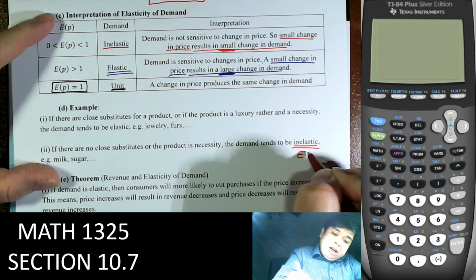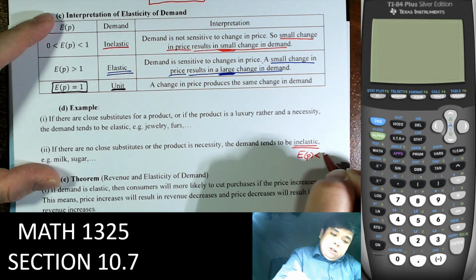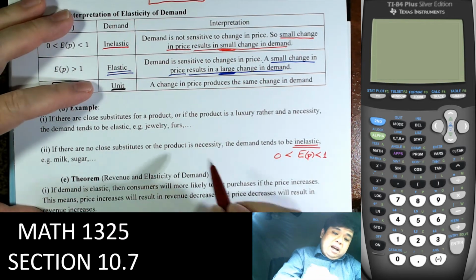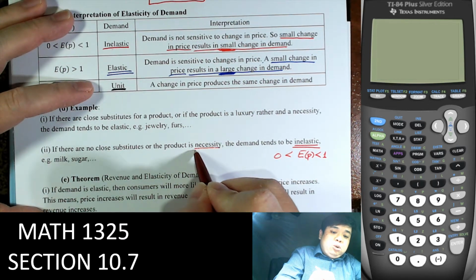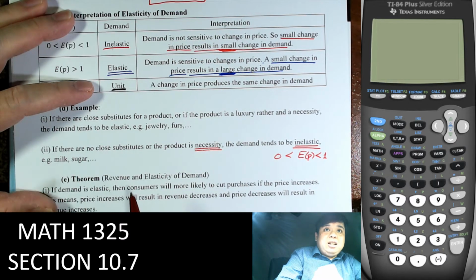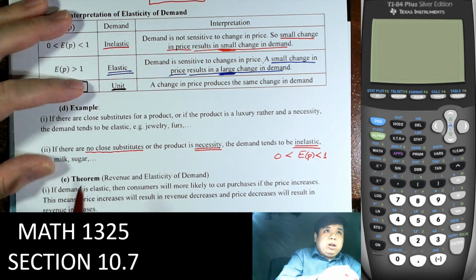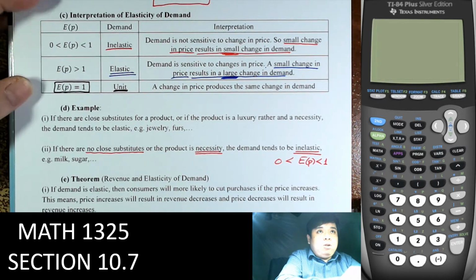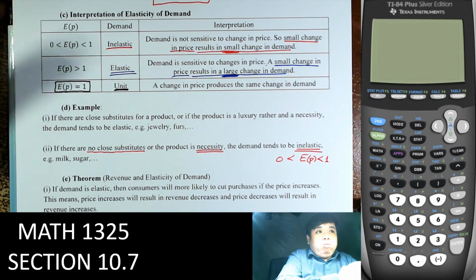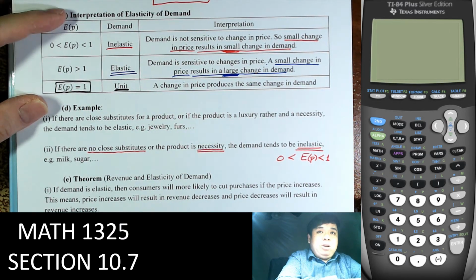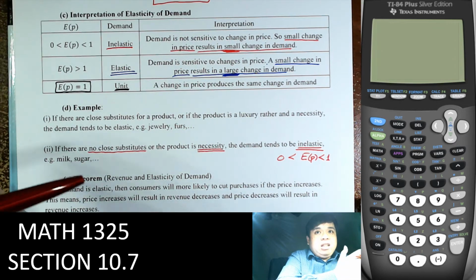So just write that out. That is inelastic, and that is usually a necessity with no close substitution. For example, milk, sugar, gasoline. If we have to go to work and the gasoline price increases by 10%, we still have to pay for it. The demand more or less stays the same.